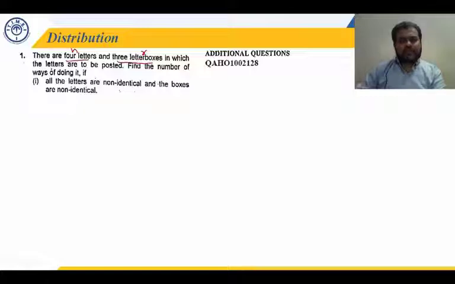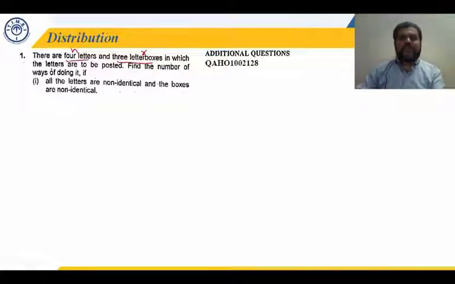Since the question does not specify whether the letter boxes can be empty or not, we'll assume that it is possible that one or more letter boxes are empty. Anyways, it is a question on letters and letter boxes, so it is not necessary that all the letters have to be posted into different letter boxes. You can post all the letters into the same box, maybe use only 2 letter boxes, or use all 3 of them.